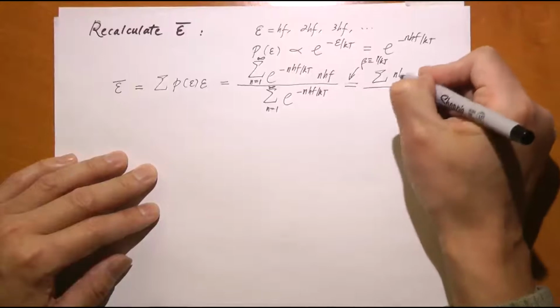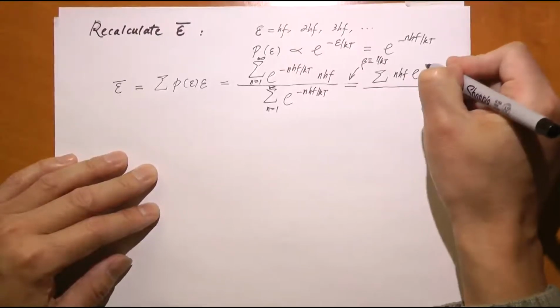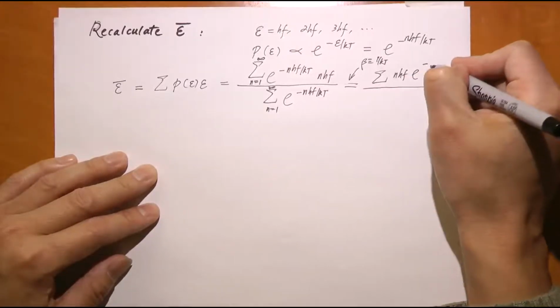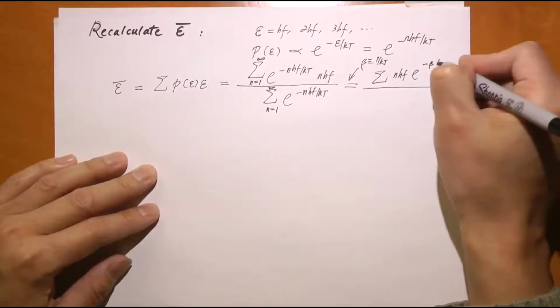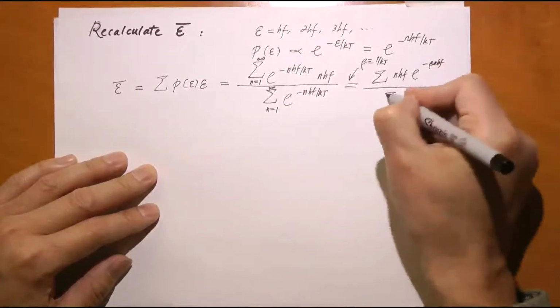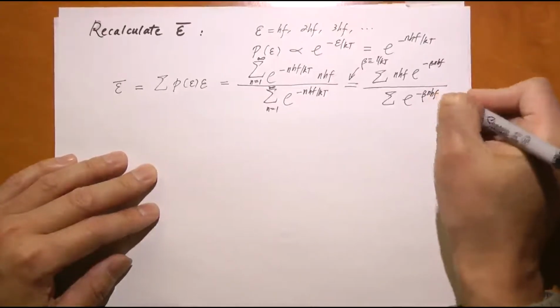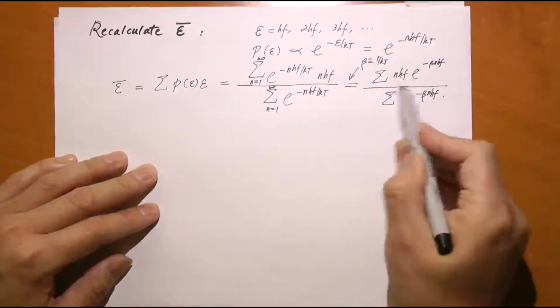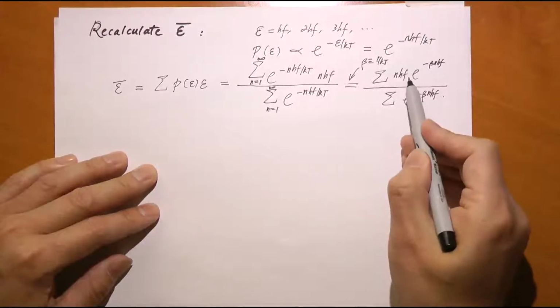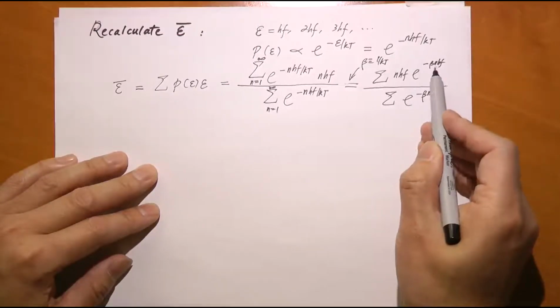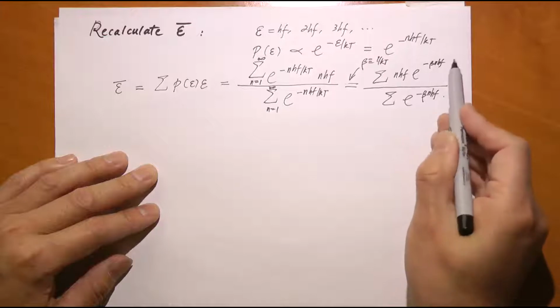And you can see here the sum. This is nhf e to the negative beta nhf. And you copy the numerator, negative beta nhf. Suppose I don't have this. How do I get this down from the shoulder? All I have to do is differentiate this exponential with respect to what? To beta, right?